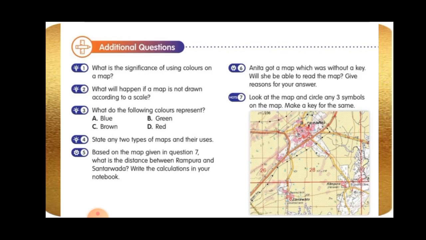And what about a topographic map? A topographic map will have contour lines. A topographic map is a detailed and accurate drawing of human made and natural features on the ground, such as roads, railways, elevations, rivers, lakes, and contours on a sheet of paper.